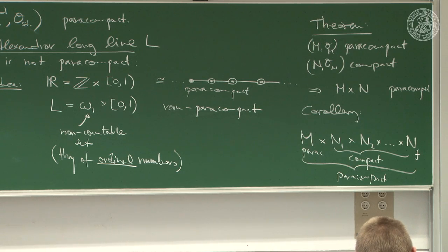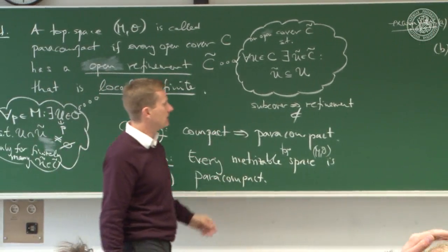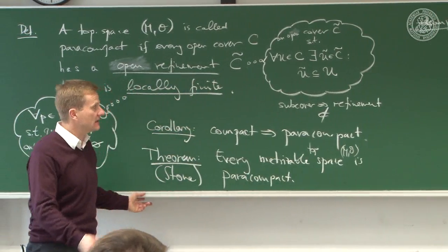Okay, so again, like before, compactness is abstractly defined in terms of covers and the existence of finite subcovers, but then intuitively very well understood for metric spaces in terms of the Heine-Borel theorem. For paracompactness, there is even a sufficient and necessary criterion to understand it, and I'm going to present this in a second.